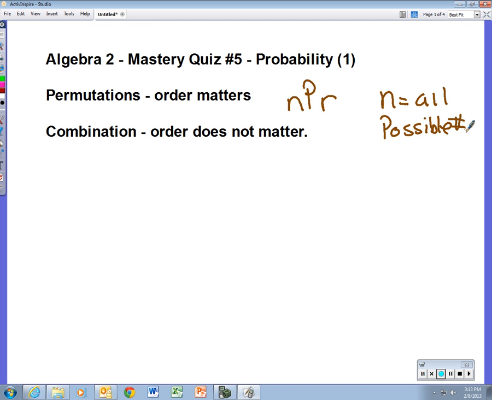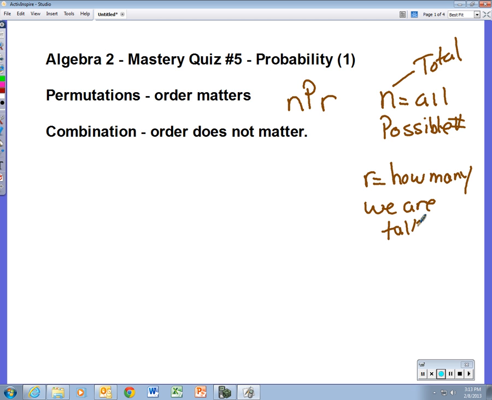That is your total. r represents how many we are talking about. And if it's a combination, then it's nCr.